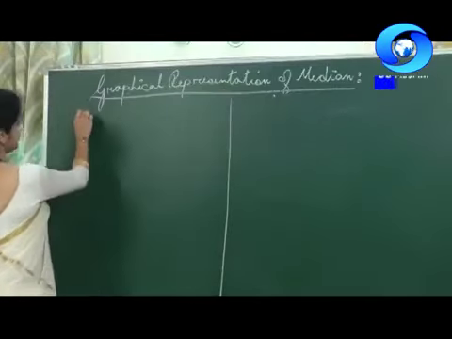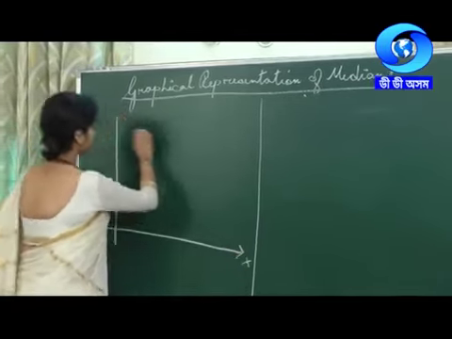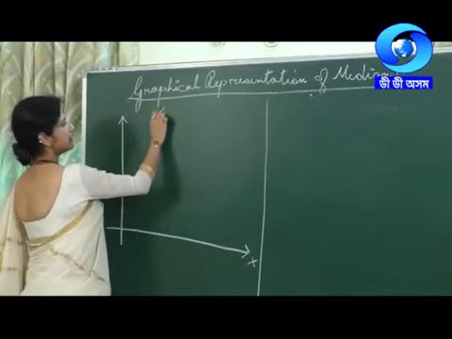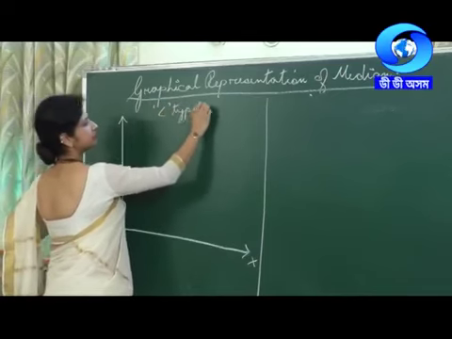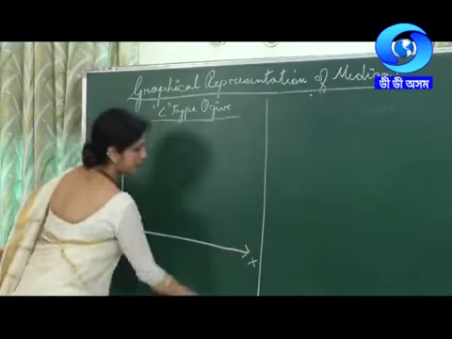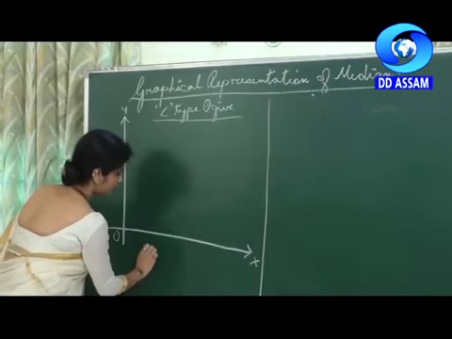So I think you know how to draw an ogive. Yes? So if we want to draw the less than type ogive, on the x-axis, we shall plot the upper class limits.